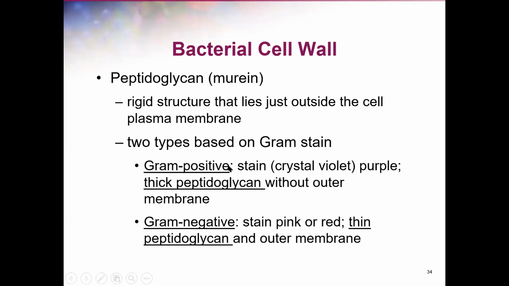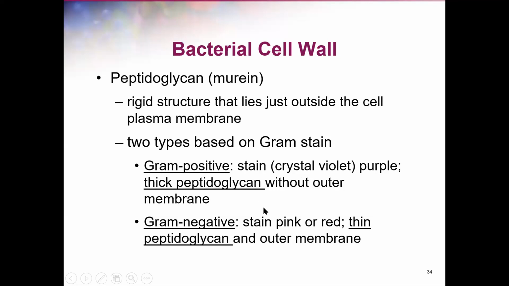This is also the basis for a very classic assay called Gram staining, which we will learn in the lab. Gram staining uses a dye called crystal violet to stain the cell wall, basically this structure, peptidoglycan.